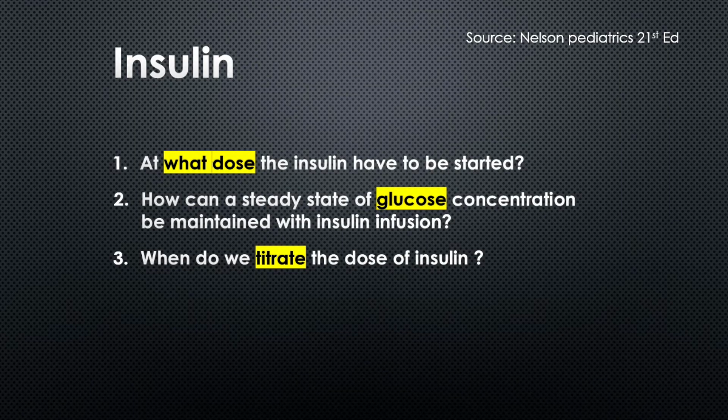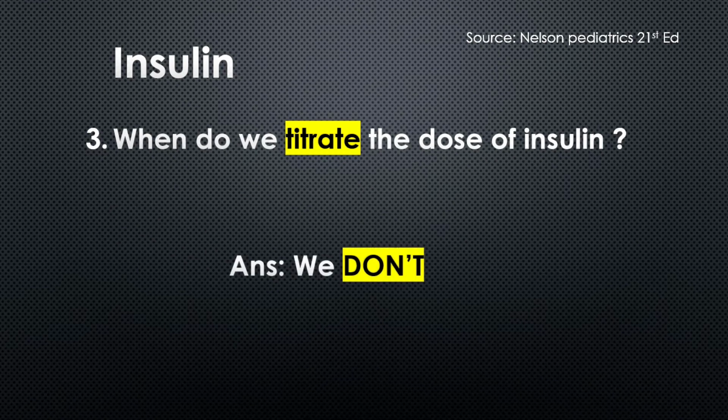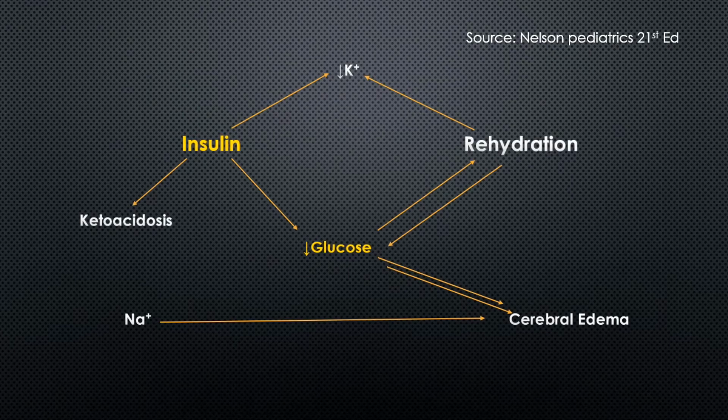Coming to the third question. So when do we titrate the dose of insulin? With the management of DKA, we do not titrate the dose of insulin unless the glucose level is less than 100 mg per deciliter in spite of giving D10% dextrose.